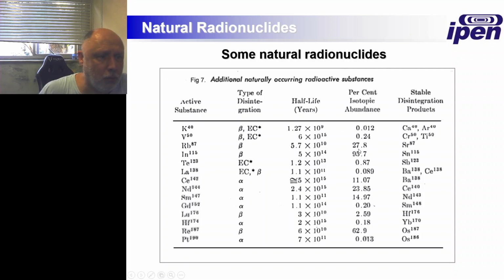Some of them are more abundant, some are less abundant, but they all have very long half-lives, so they're here since the universe was formed, right? Remembering that with half-lives like 10 to the 15 years or so, they're essentially not radioactive. You only see the radioactivity in them if you do very, very precise experiments.